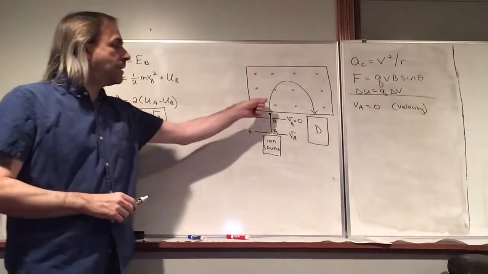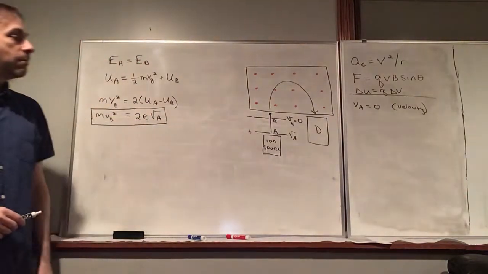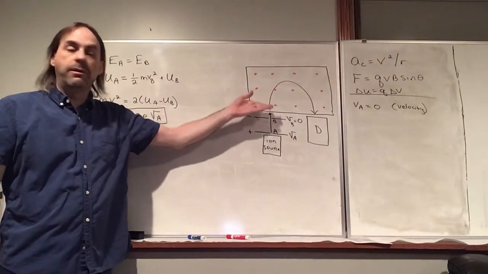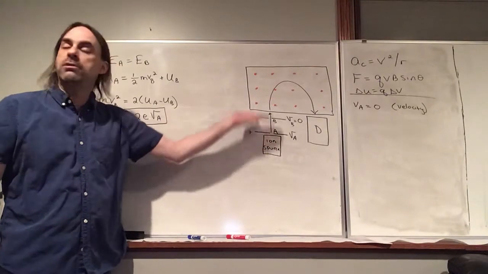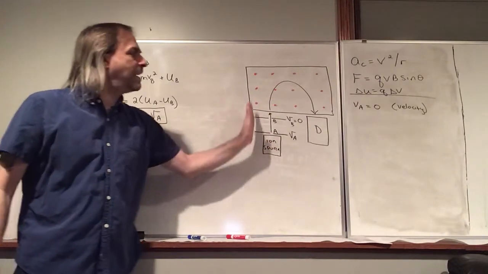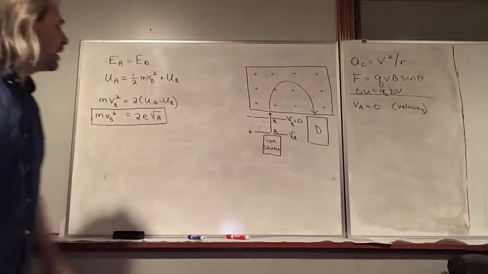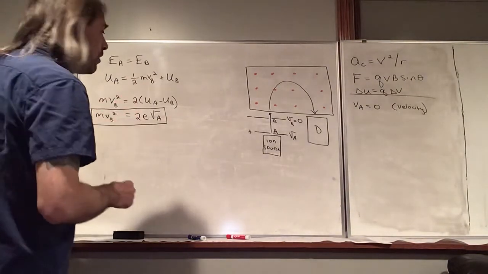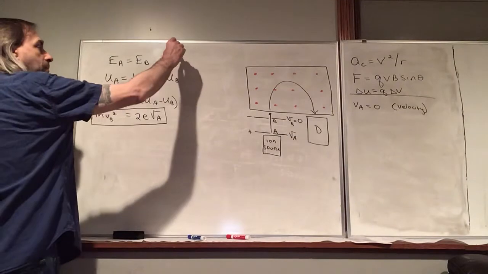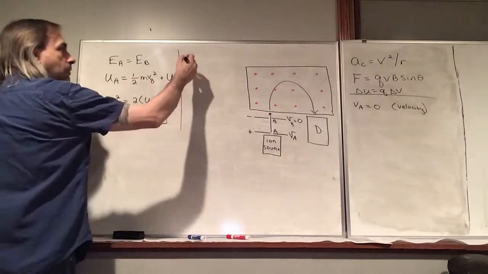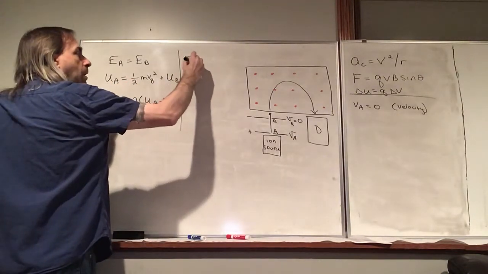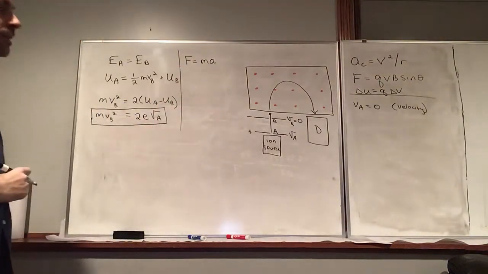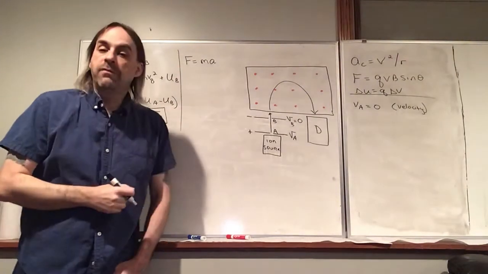Okay, so let's stop here. And now let's look at the magnetic field. Once it leaves the capacitor, it's moving with a constant velocity now, since the electric field outside is 0. And then it's going to enter this region with a magnetic field with this velocity VB. And so let's apply F equals ma, just Newton's second law, where the only significant force acting on this particle is a magnetic force.